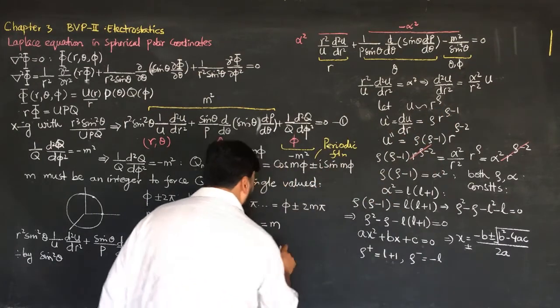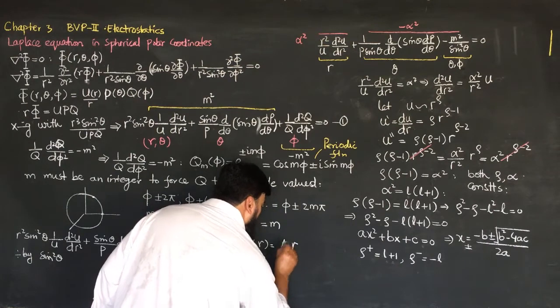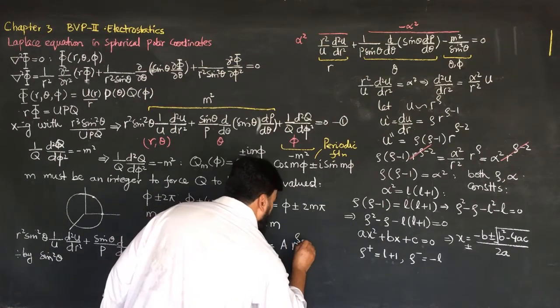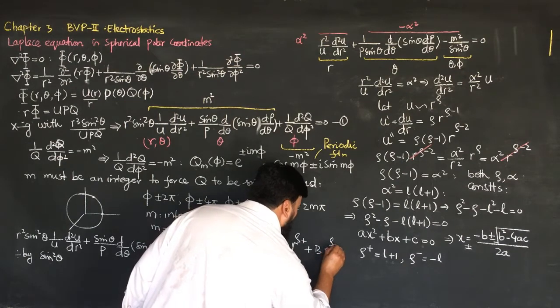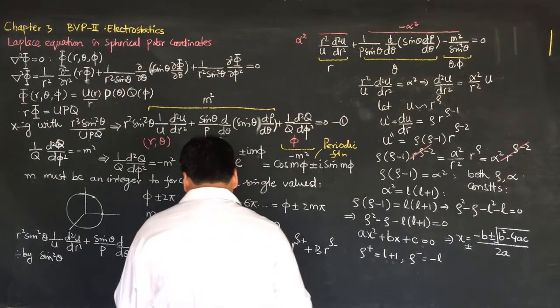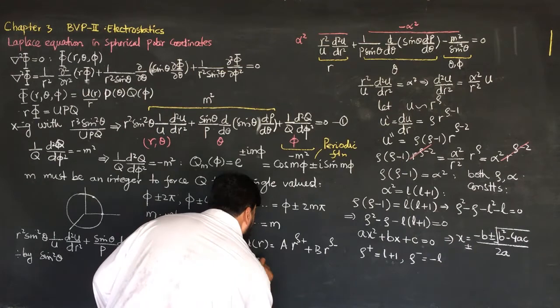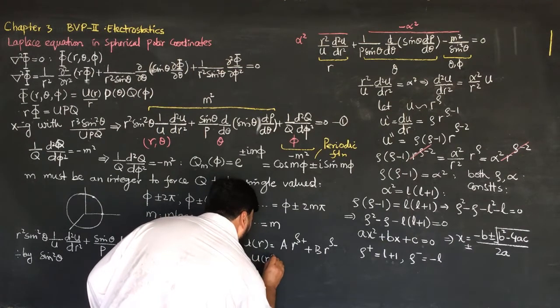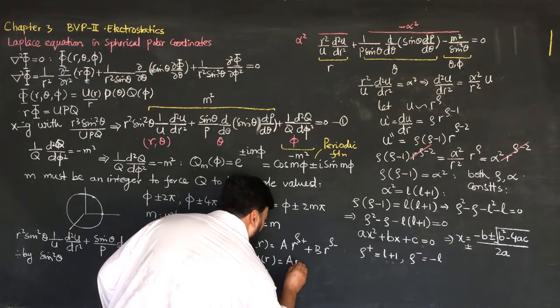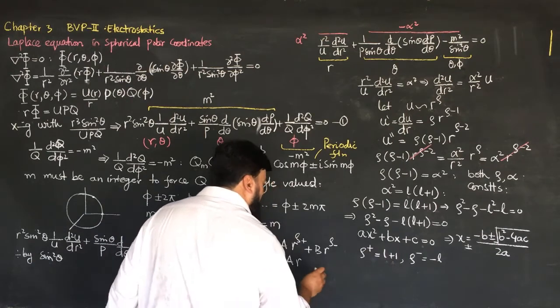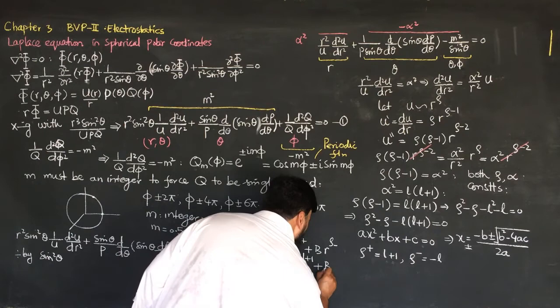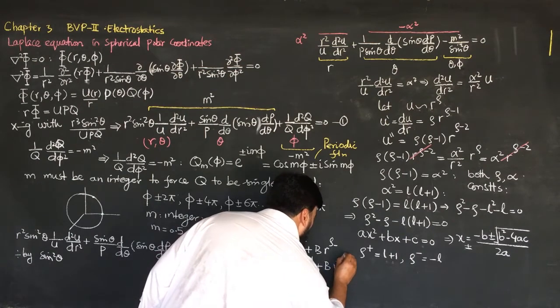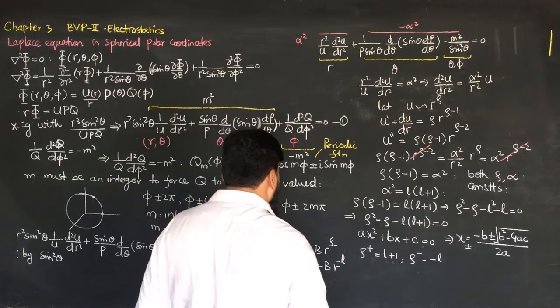So this will be equal to a r to the power rho plus plus b r to the power rho minus, and then I can write that u of r is equal to a r to the power L plus 1 plus b r to the power minus L.